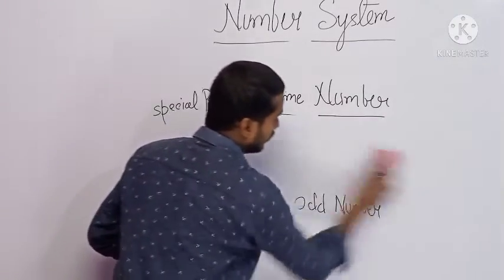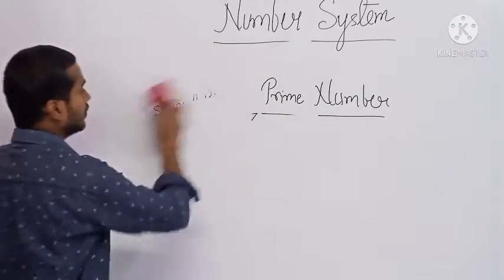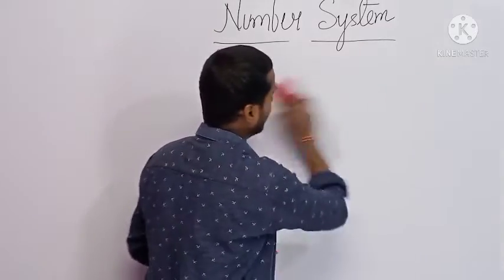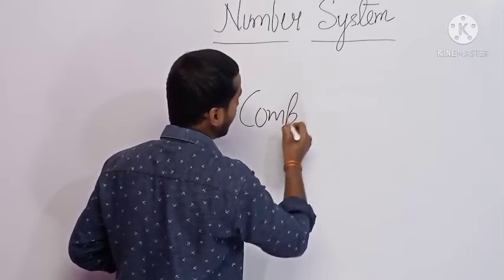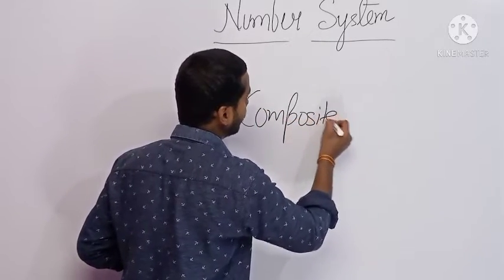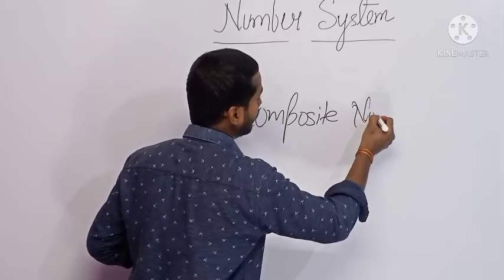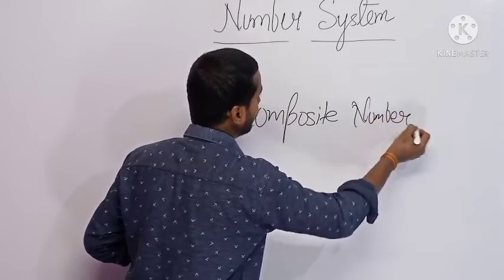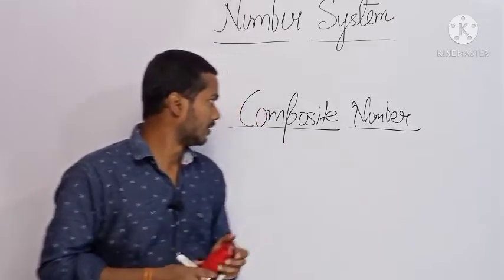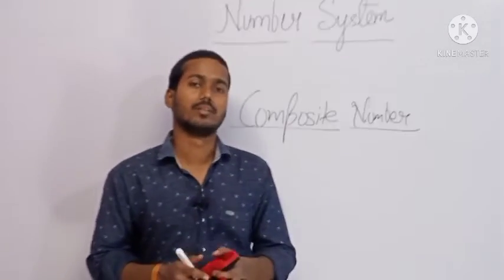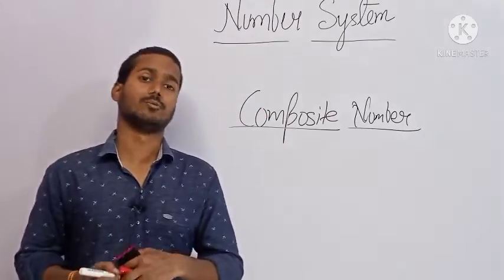Okay, now moving to the next number, which is also a very special number, that is the composite number. Composite numbers are those numbers which have more than 2 factors.